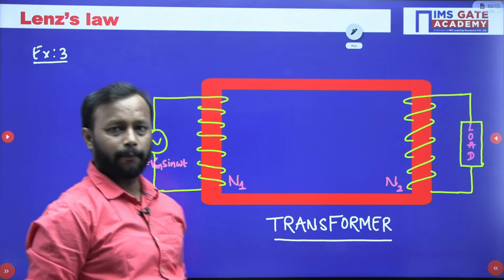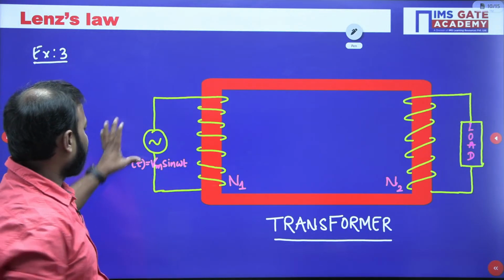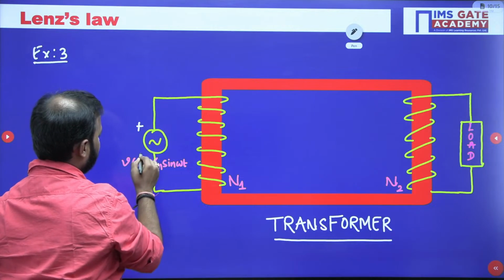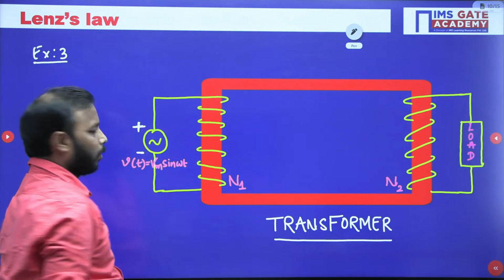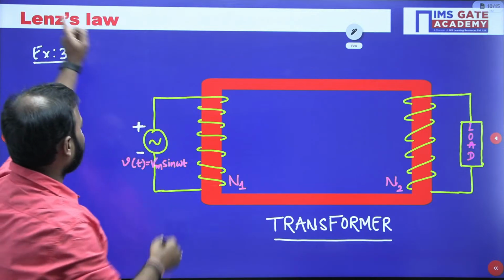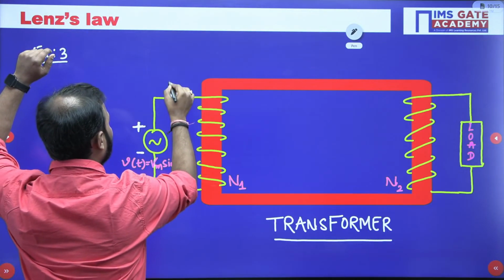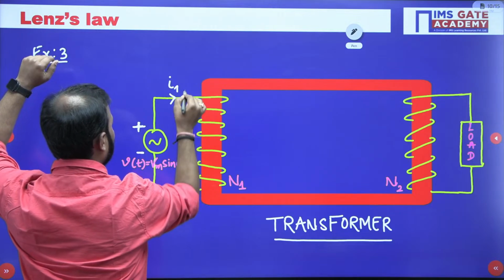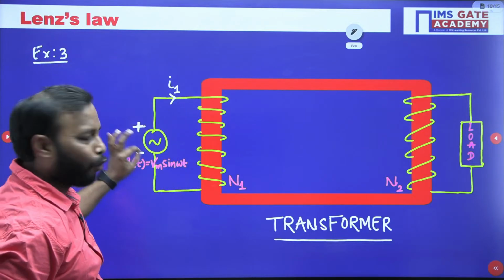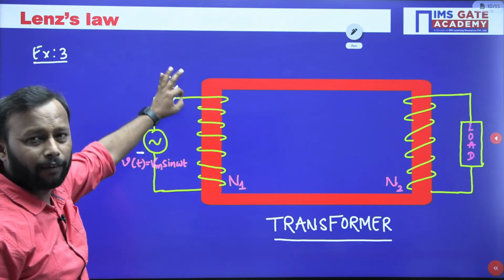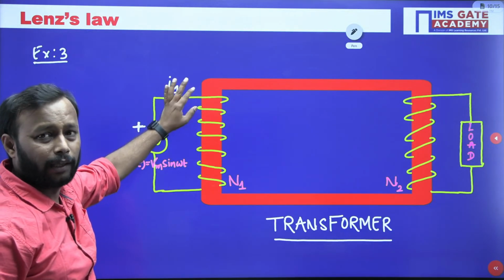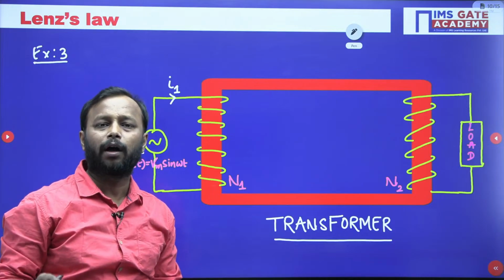Now see here, this is the primary source of voltage where the current is going to flow. Let me take the primary current as I1. Since the voltage is sinusoidal in nature, the current is also going to be sinusoidal in nature. Here I have ignored the harmonic part.